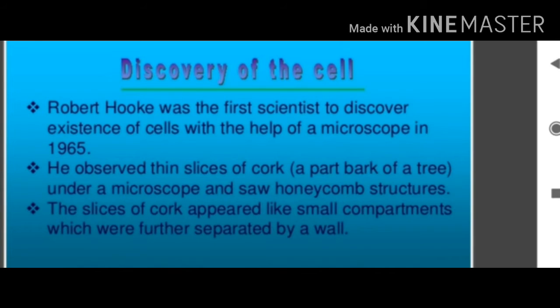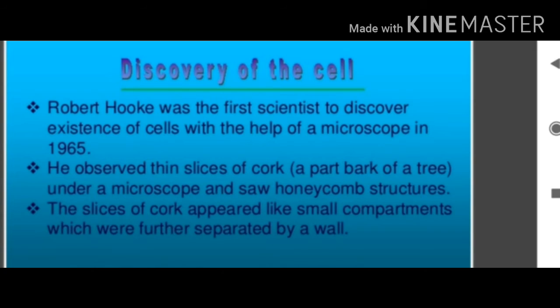Discovery of the cell. The credit goes to Robert Hooke. He was the first scientist to discover the existence of cells with the help of a microscope in 1665. He observed thin slices of cork. Cork is the bark of a tree. Under a microscope he saw a honeycomb structure.